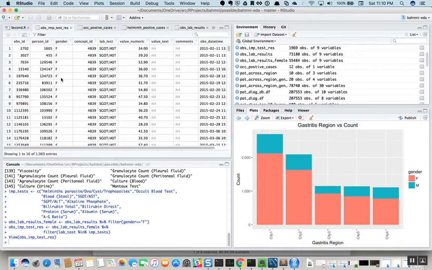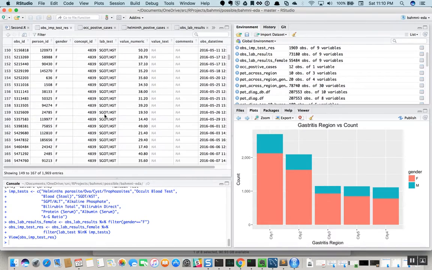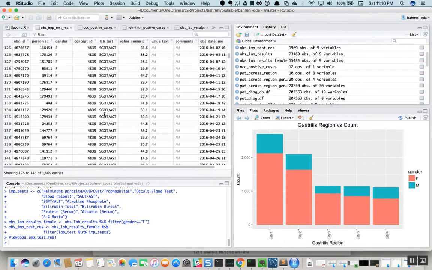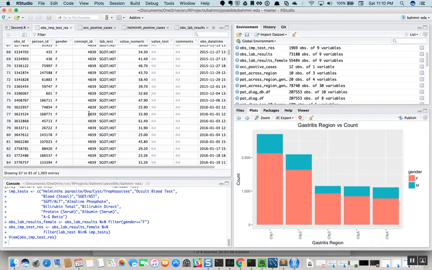So we will see that the next challenge is that there's no consistency in terms of the same set of tests being done on all the females. So even getting consistent data for these tests across all the patients having gastritis is kind of difficult.